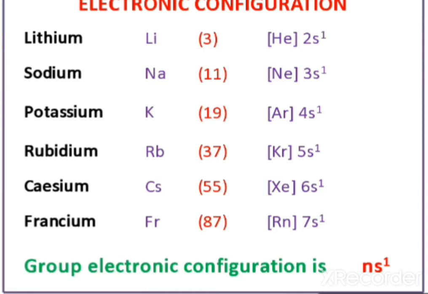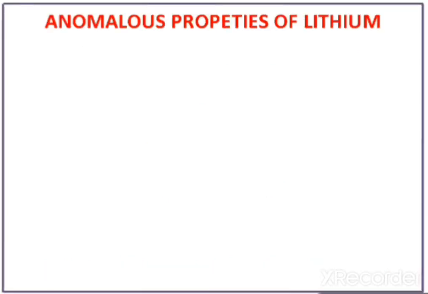After electronic configuration, now we will see the anomalous properties of lithium. What is an anomalous property? We know lithium is a metal, and metals always have electron donating nature, so they will form ionic compounds.